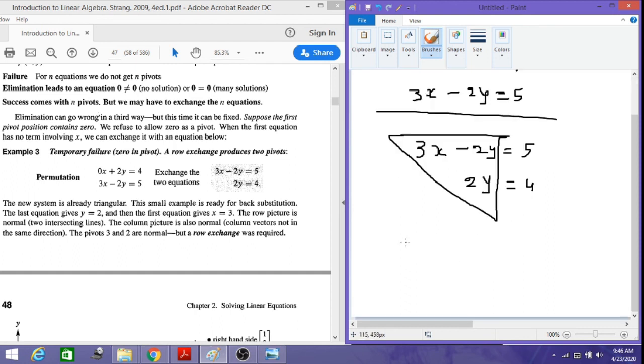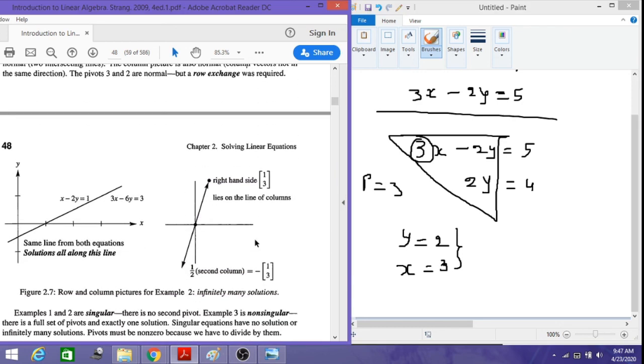From this we get y is equal to 2, and then when we substitute back here, we get x equal to 3. So this is the temporary failure case. The first pivot is now equal to 3.